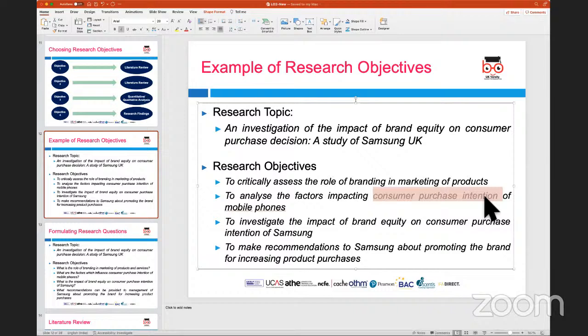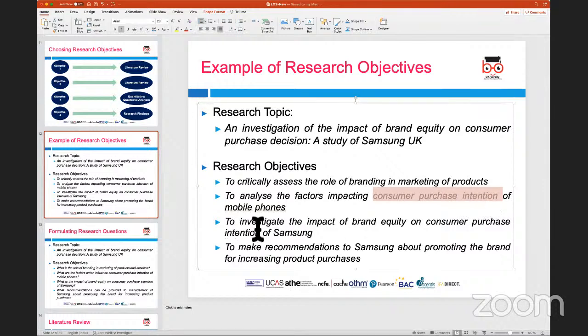So what you have done is, rather than generically discuss and investigate role of branding in marketing of products, you have gone into a specific, because you don't want the project to be very huge or very big. What is it that you're looking at specifically, finding out what is the role of branding and how does it affect the consumer purchasing decision or intentions, and that has to be done on a specific product, which is mobile phones.